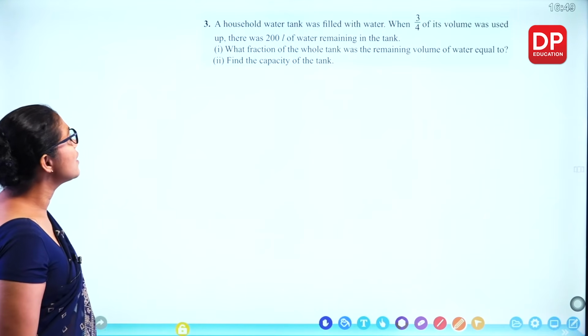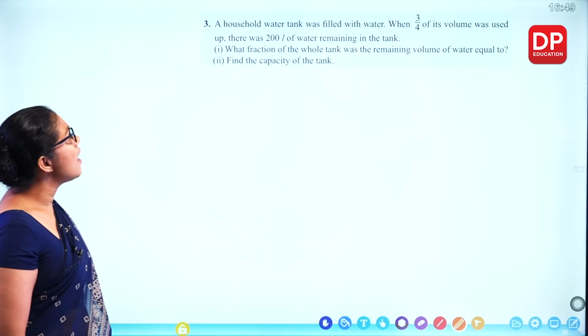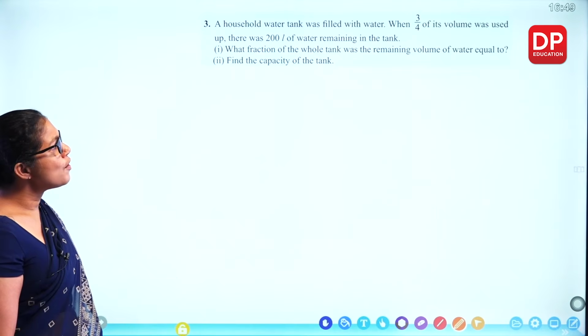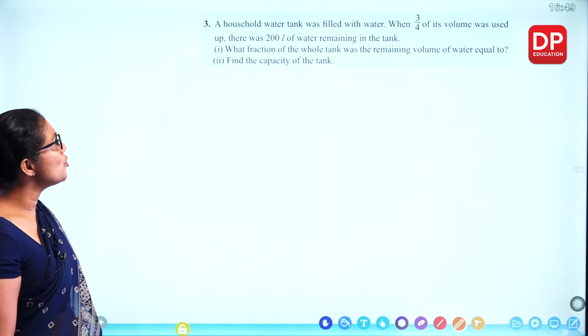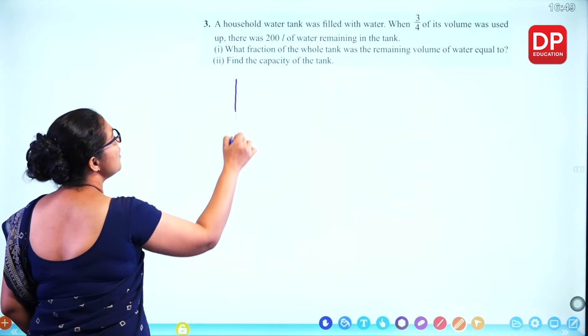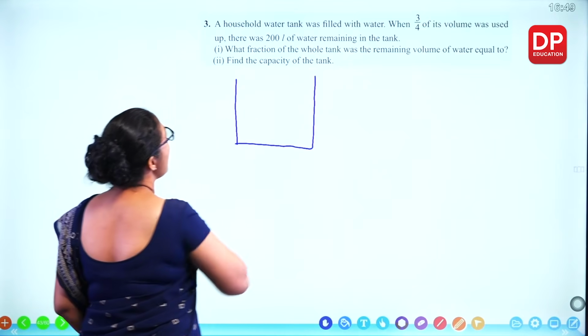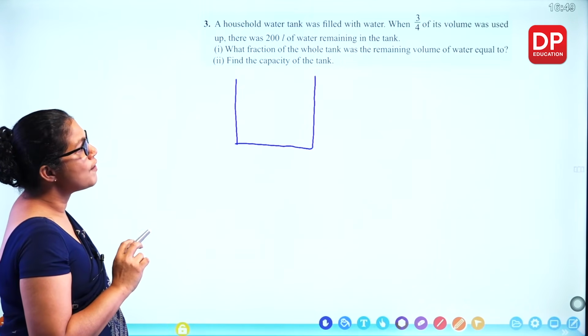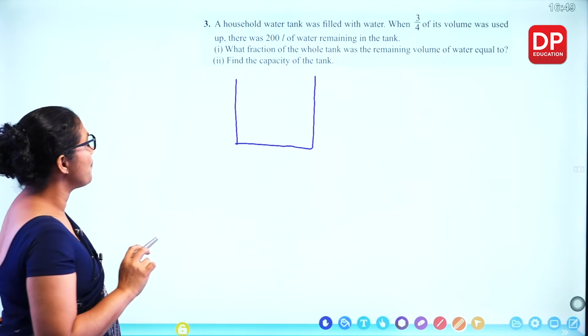Now we'll take the third question. It says a household water tank was filled with water. When 3/4 of its volume was used up, there was 200 liters of water remaining in the tank. So we'll try to draw it. There's a tank filled with water, when 3/4 of its volume was used up.